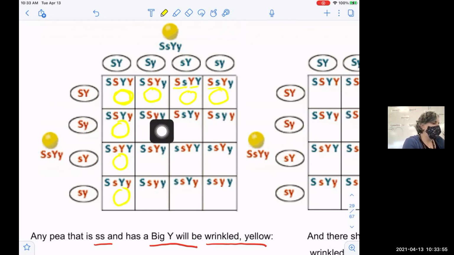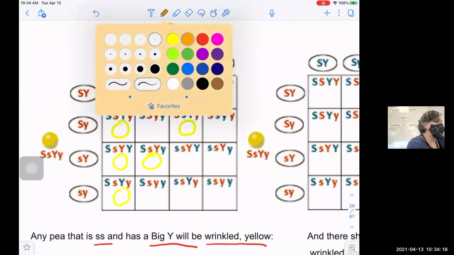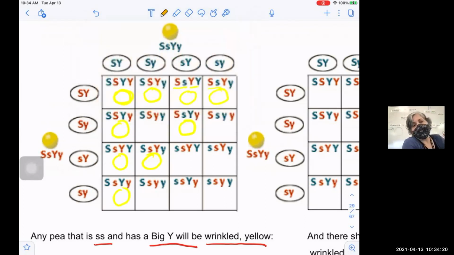So are there any more smooth and yellows in here? As you look through, here's one, big S and a big Y. And here's one right here, big S, big Y. If we count these all up, you're going to find that there are 9 smooth yellow peas: 1, 2, 3, 4, 5, 6, 7, 8, 9.